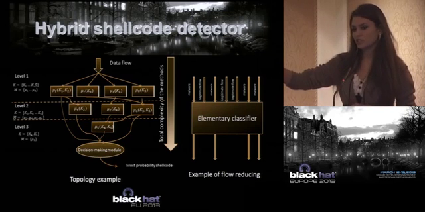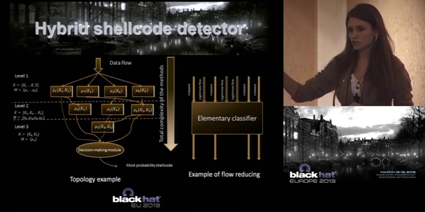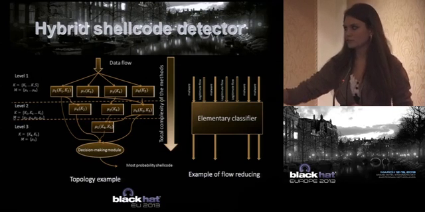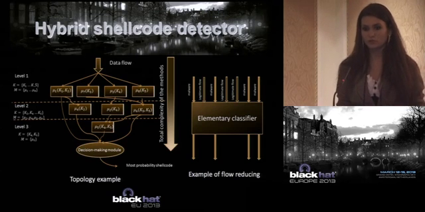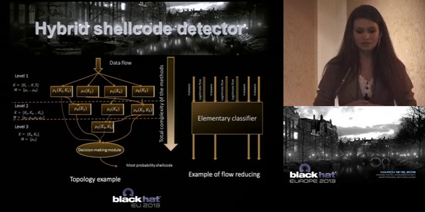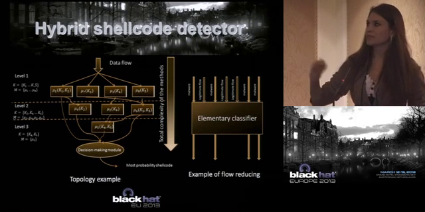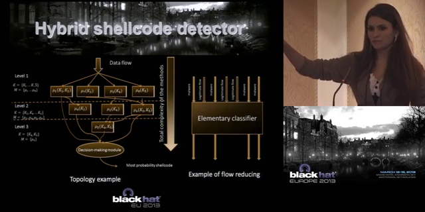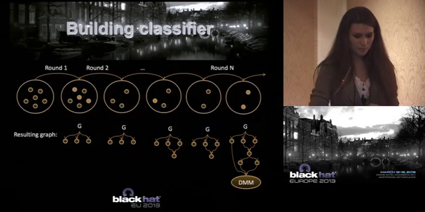But if we have a legitimate flow and some elementary classifier concludes that the flow is legitimate, we do not pass it further, so we are able to reduce legitimate flow as fast as possible. Thus another significant idea was to put less complicated classifiers at the top of the topology, so we can reduce legitimate flow at an early stage of execution of the tool.